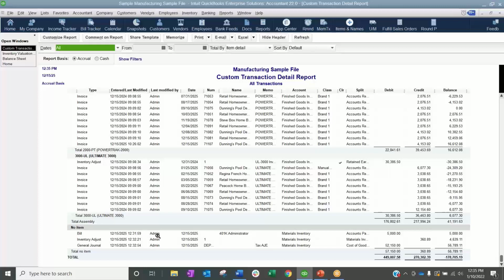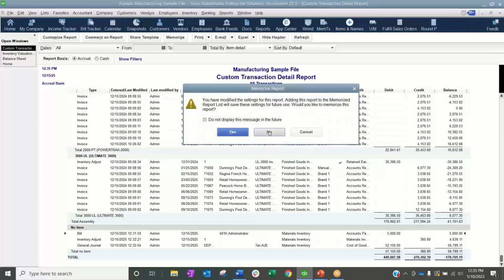So I need to go teach the admin, that's me. I need to go teach them not to do that again. Who would put an inventory adjustment against inventory? Oh, me again. So we can go teach them. We use this to teach so we stop people from doing it in the future. All right, so that's an important report.